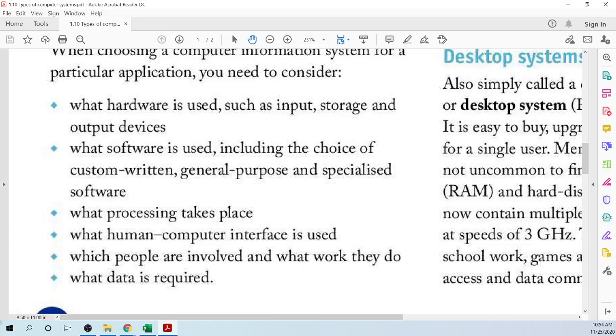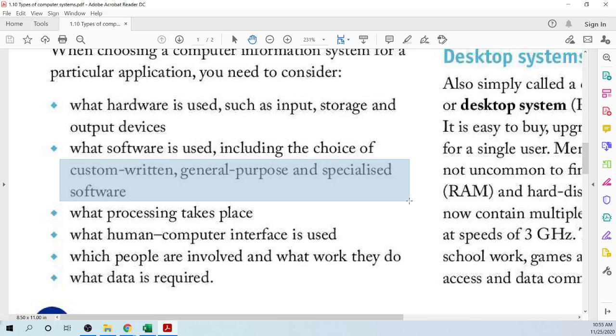Anyone? Or should I call someone? Keslin, what type of software would someone in the office make use of? Custom written, general, or specialized? Sir, please repeat the question. What type of software would a person in an office need to use?